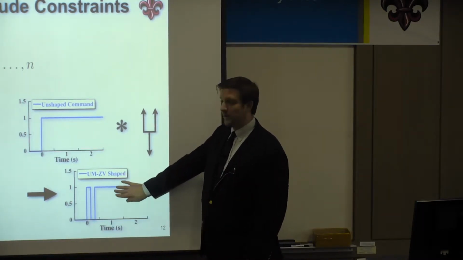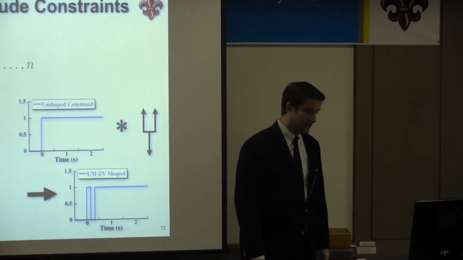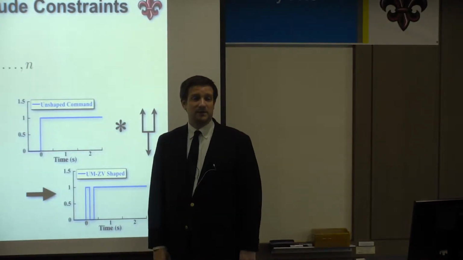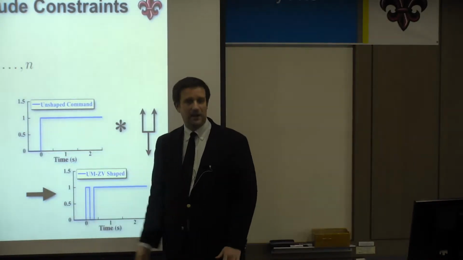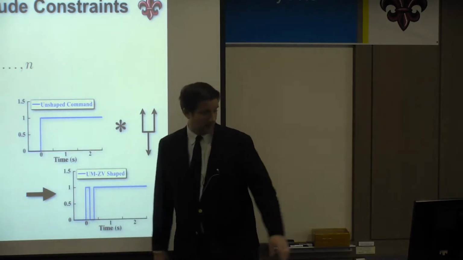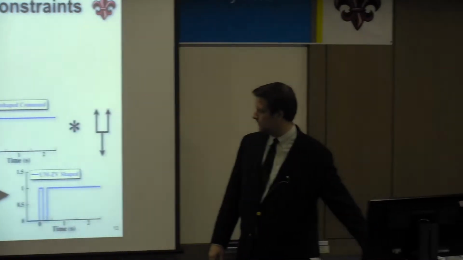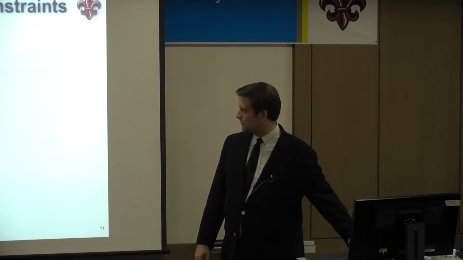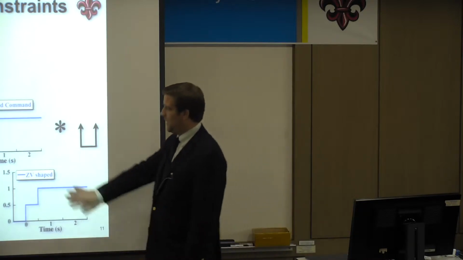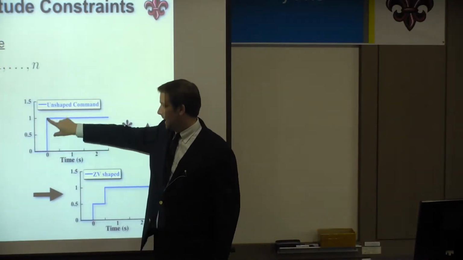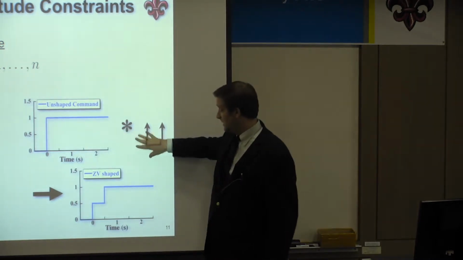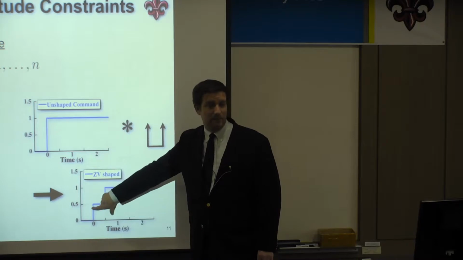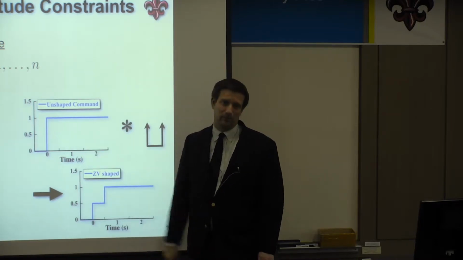The other benefit, and the other place where using a unity magnitude shaper is beneficial, is if I have some kind of on-off system. If my system's only capable of 0 or 1, let's say, and I try to use a ZV shaper, I can't, because I have some intermediate step that my system is not capable of.